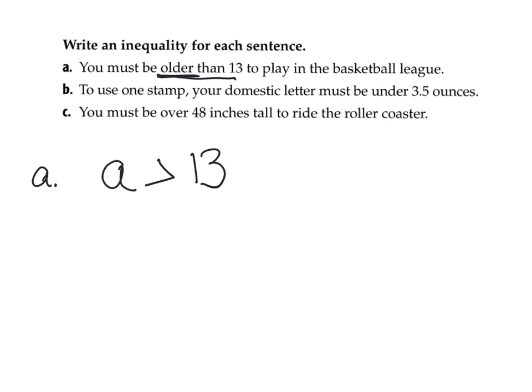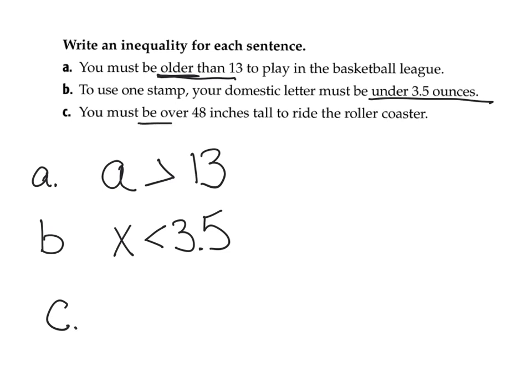Okay, next one says to use one step, your domestic letter must be under 3.5 ounces, or 3 5/10 ounces. Okay, so I'm going to say X for my weight. And so I can say it has to be less than, because it has to be under 3 5/10 ounces. And C, you must be over 48 inches tall.